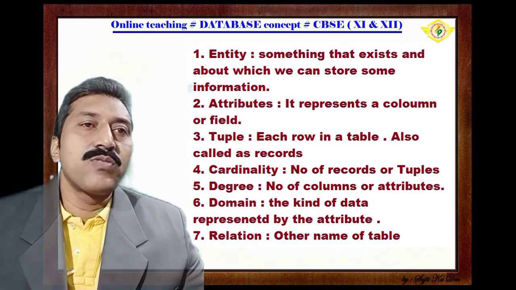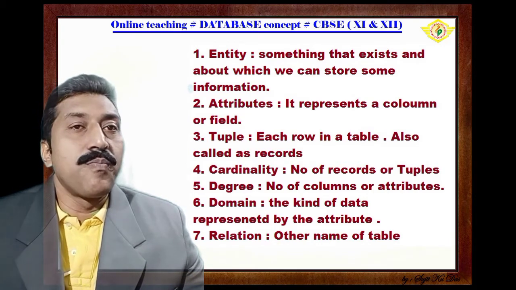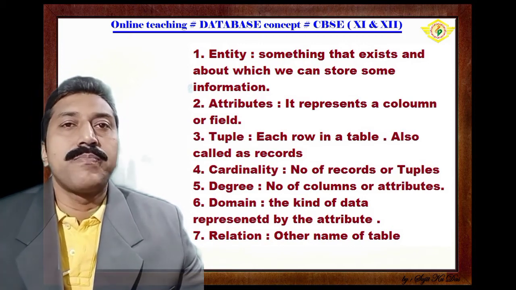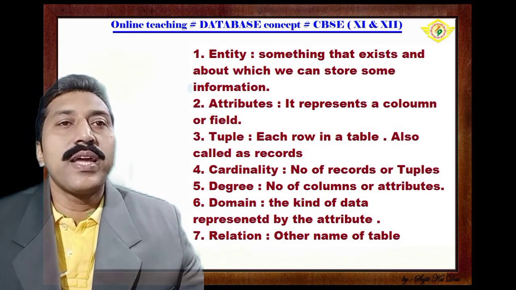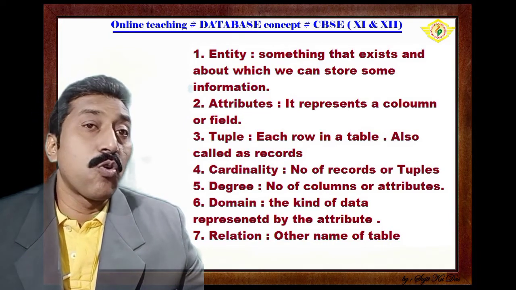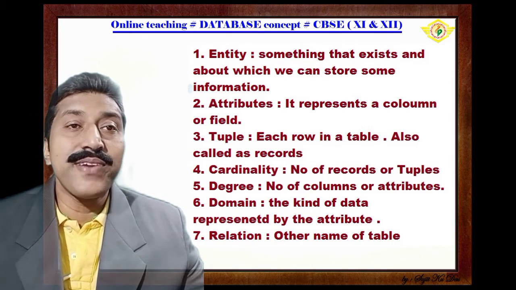Next we'll discuss tuples. Each row in a table, which is known as a record, is also known as a tuple. A single entity in a table is called a record, a single line we can say a record or row. A record in a table represents a set of related data.